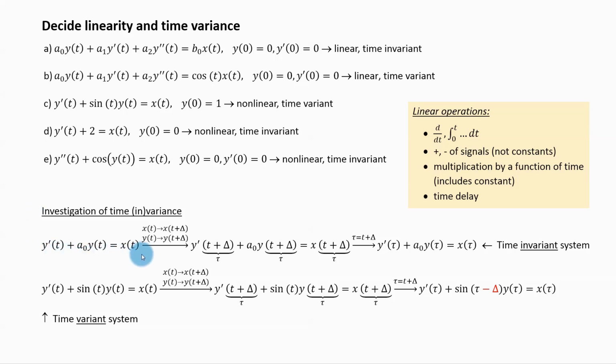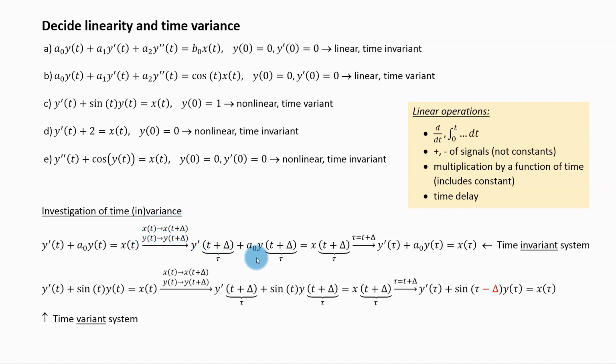Now let's take a look how we can investigate time invariance formally. Here I have a differential equation of a system, and if this system is time invariant, I should be able to take the input and the output, shift them in time, and this differential equation should still hold. So let's give this a try. Let's replace x of t and y of t by these time shifted signals.